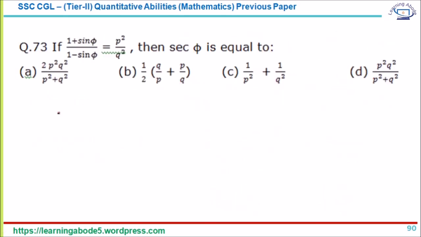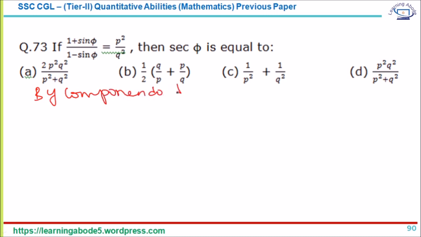Now question number 73. What is asked is secant theta.